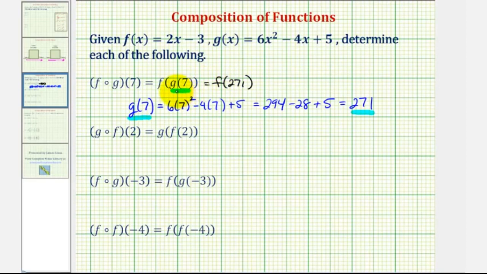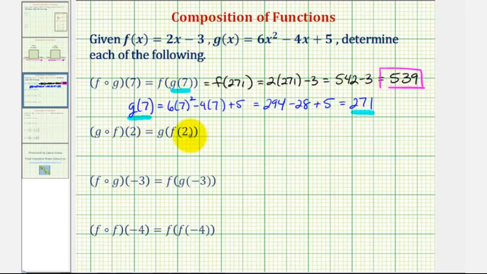So notice how the output of g of 7 becomes the input into function f. So that would give us 2 times 271 minus 3, which would be 542 minus 3, or 539. So f of g of 7 equals 539.